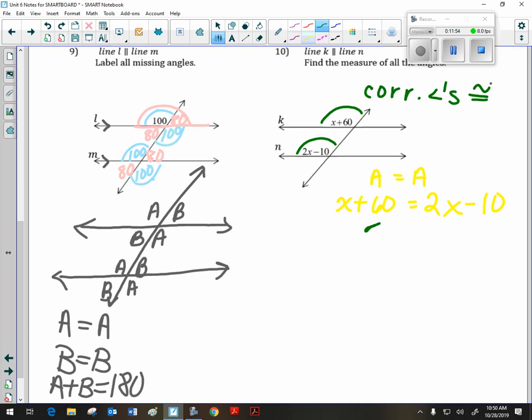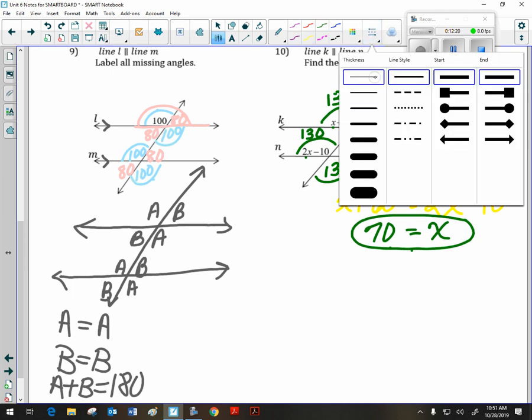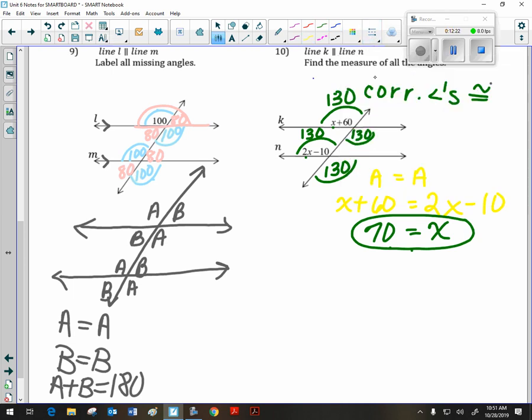When I solve this, I find that x is equal to 70, but I also have to substitute this 70 back in. 70 plus 60 is 130. 70 times 2 is 140, minus 10 is 130. This is also 130 because it's a vertical angle, and this is also 130 because it's a vertical angle.